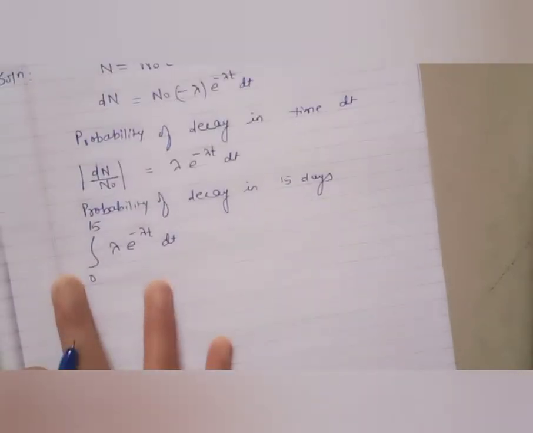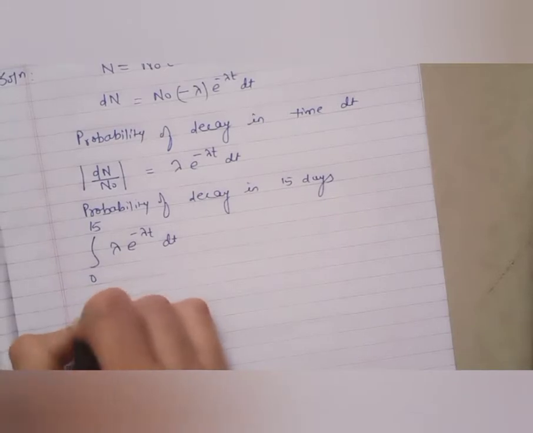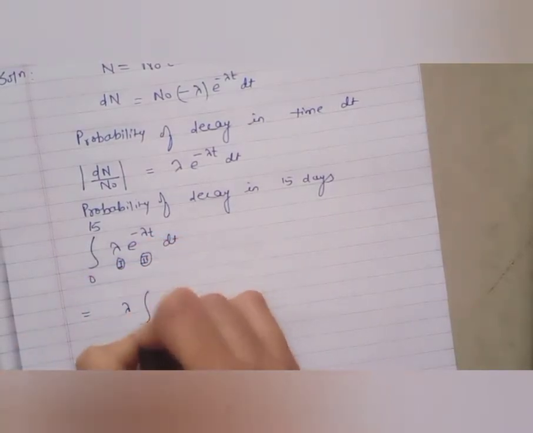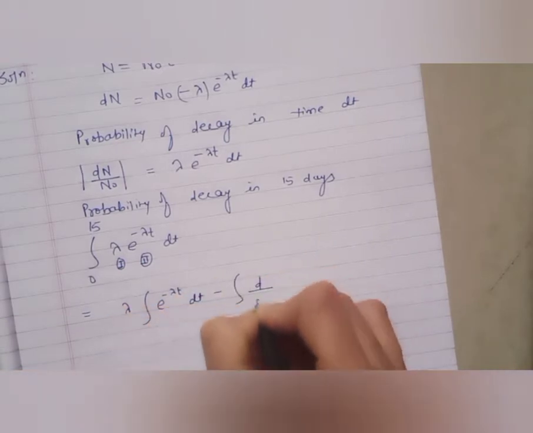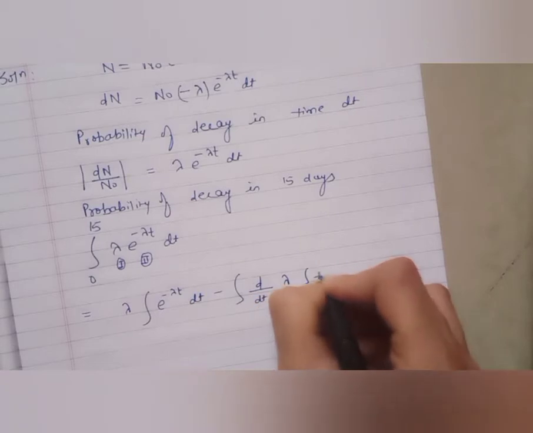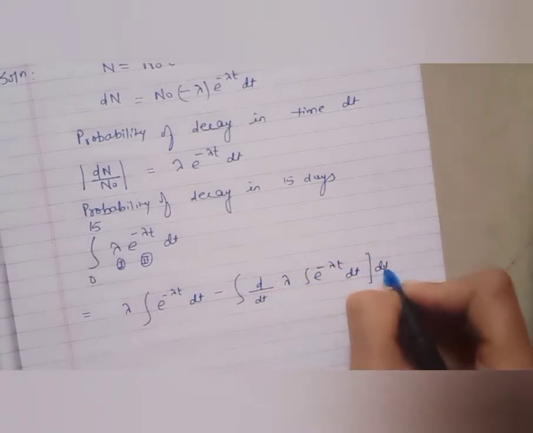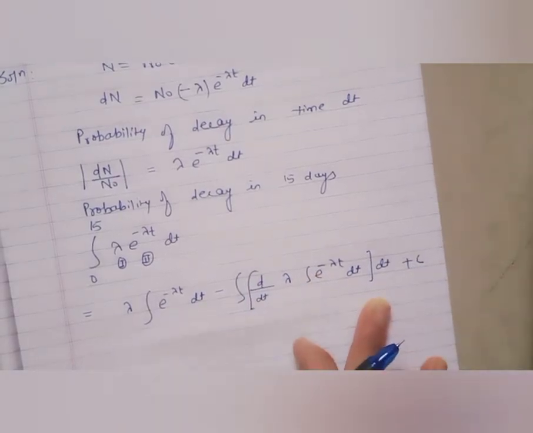Now this we will have to integrate by parts. For integration by parts, the formula is: first function, this is the first function, this is the second function. First function times integration of second function, minus the integral of d by dt of first function times integration of second function, dt, plus c. So remember the formula for integration by parts.